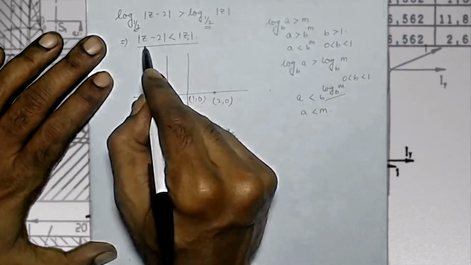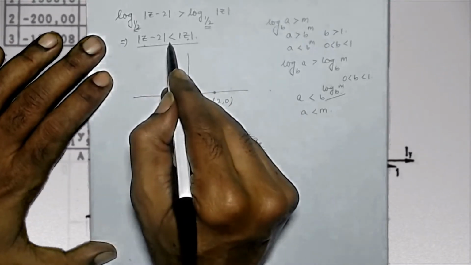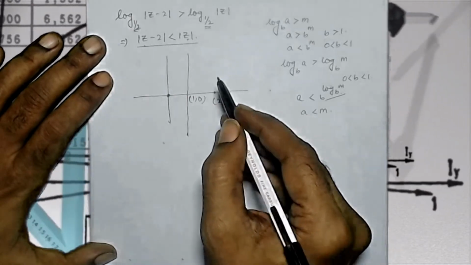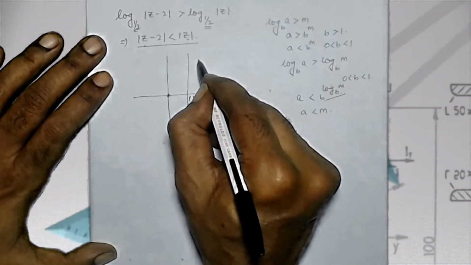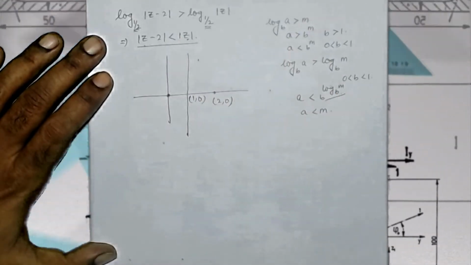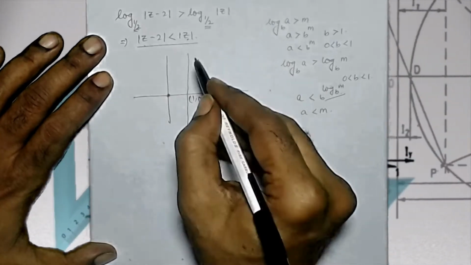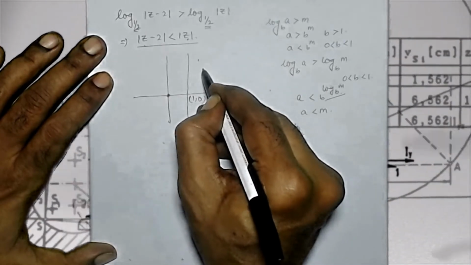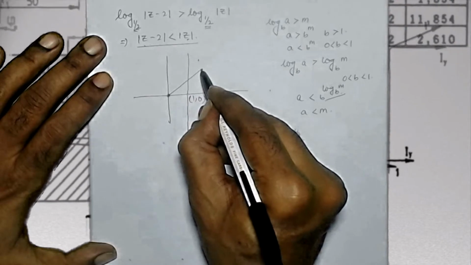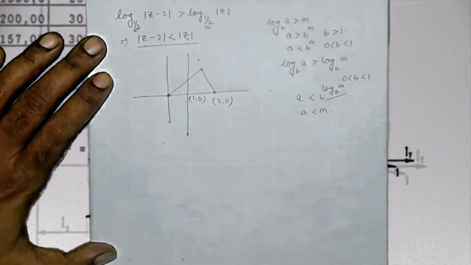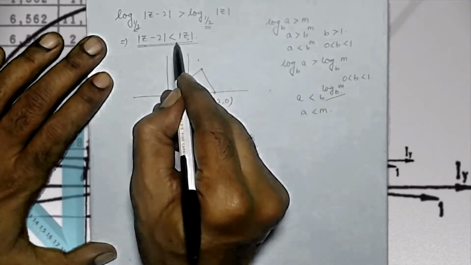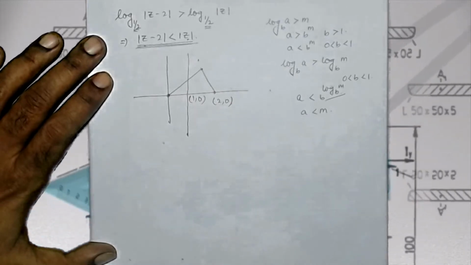Mod Z is more than mod of Z minus 2 means the point is lying somewhere on the right hand side of x equals 1. Tell me yes or no. Because if you take this point Z, this distance will be more than this distance. And that is exactly what this inequation represents.